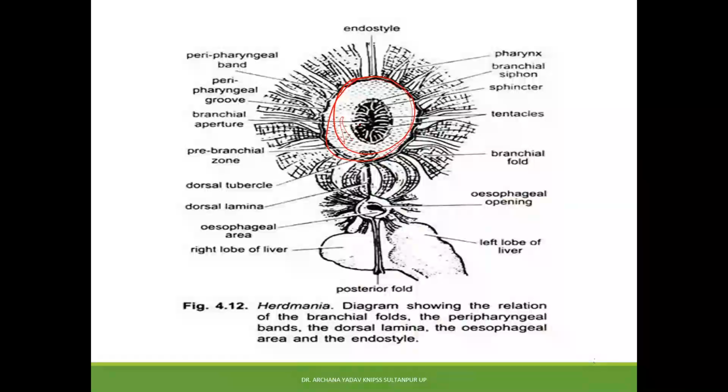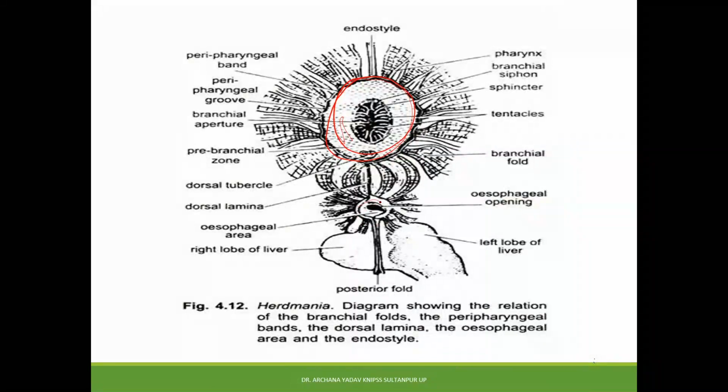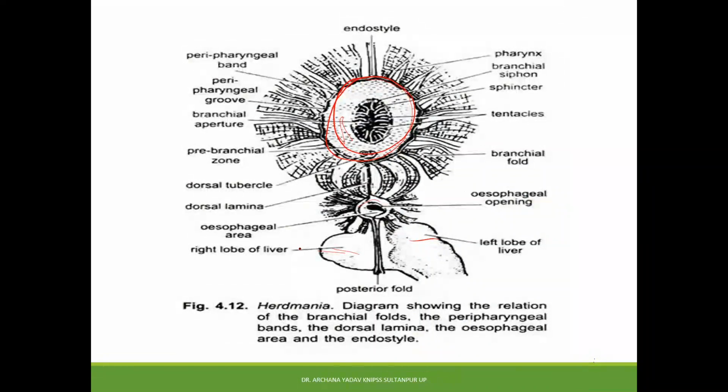These are the tentacles on the inner side of the branchial siphon, this is the esophageal opening, and this one is the left lobe of liver. This portion overall is known as the pharynx region.